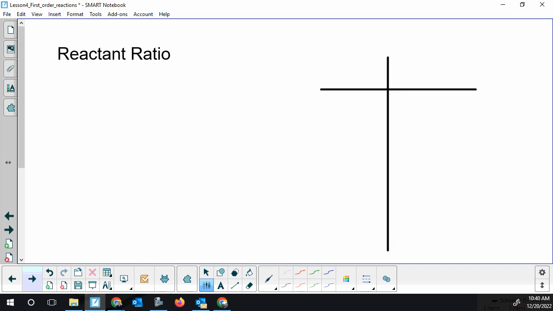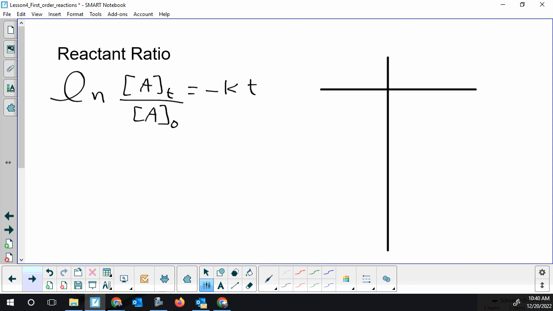Okay. So the reaction ratio, I'll repeat that top formula. That's what I'm referring to as the reactant ratio.